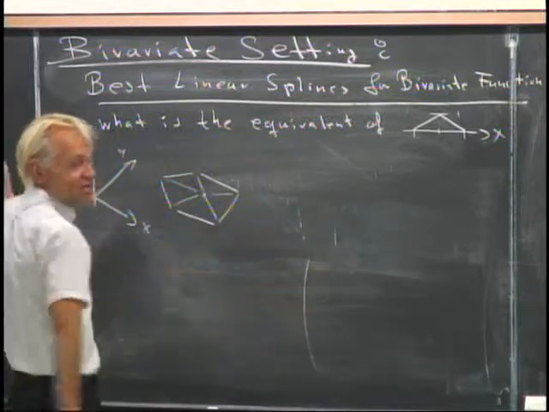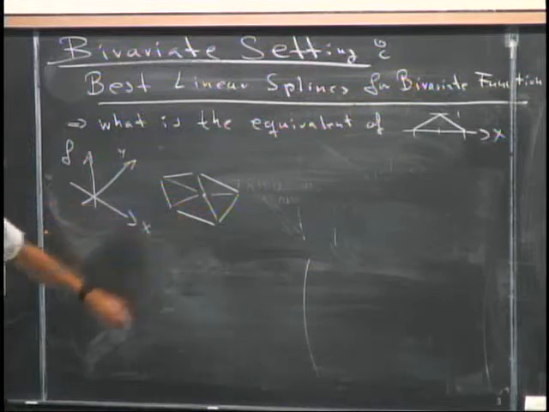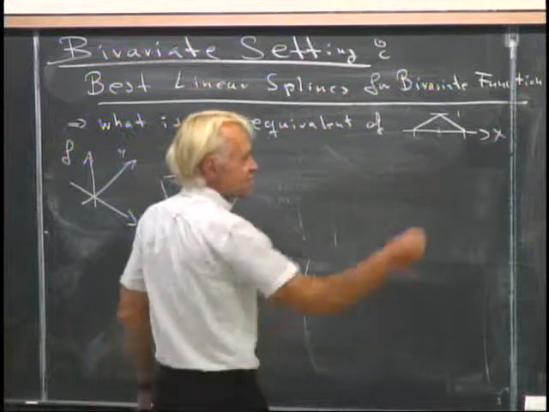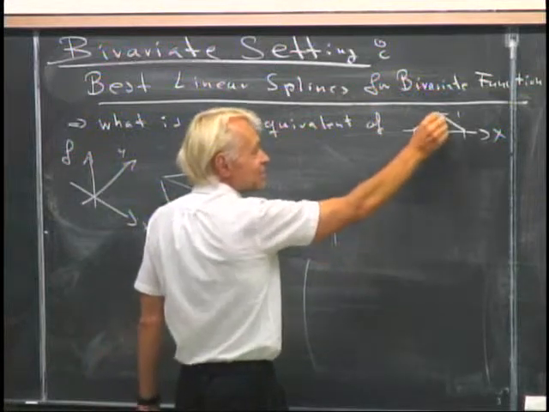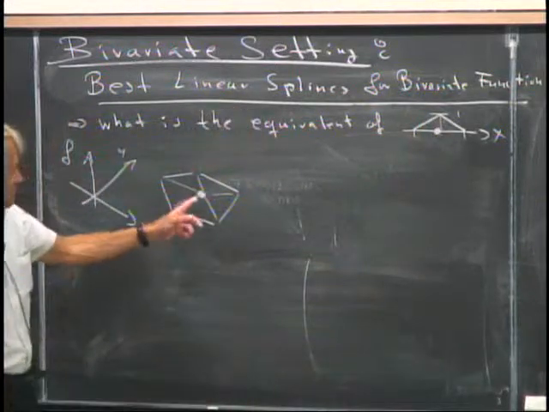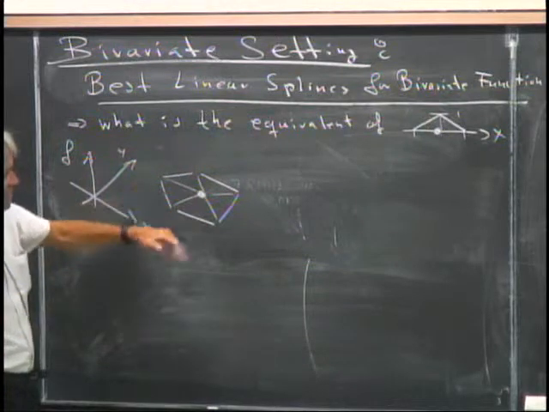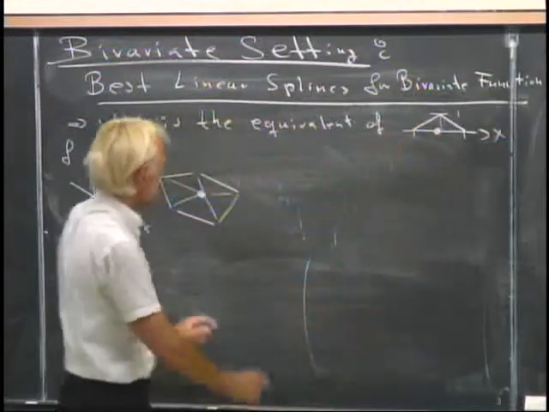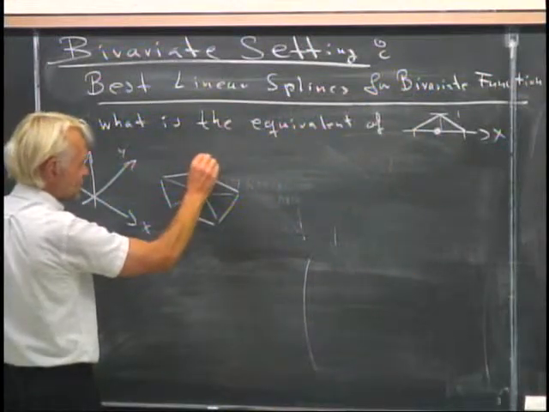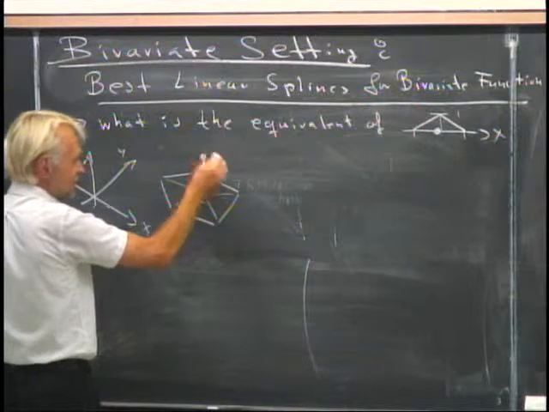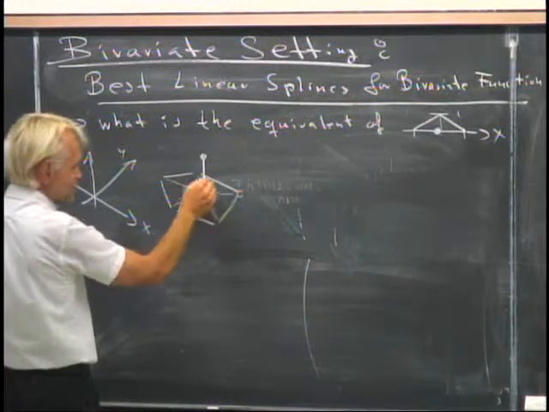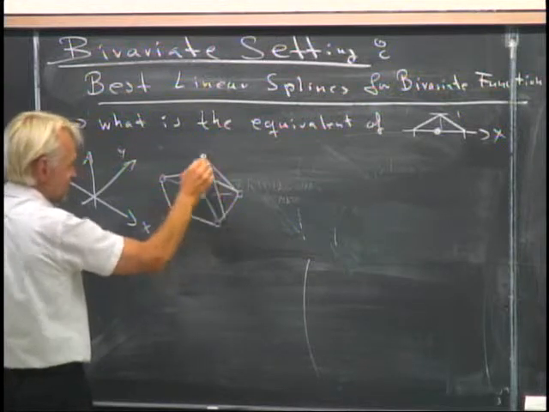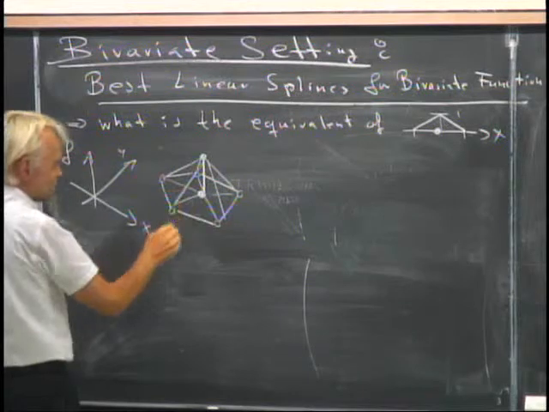So the triangulation extends everywhere, and for every vertex, for every knot, this is the center knot. Well, I have a value at the center that is 1, and then it goes down to 0 at the neighbors. So the graph of this function looks like that.